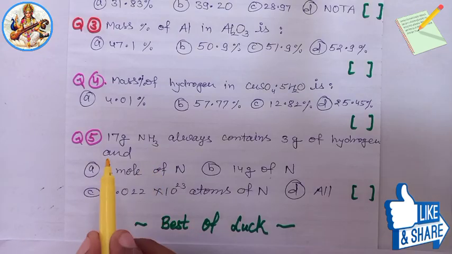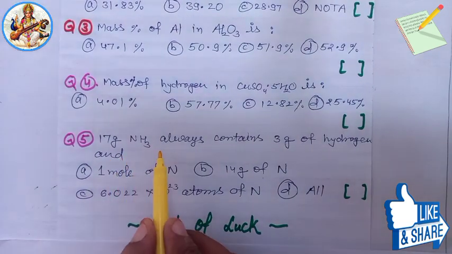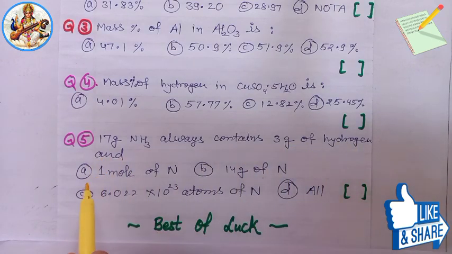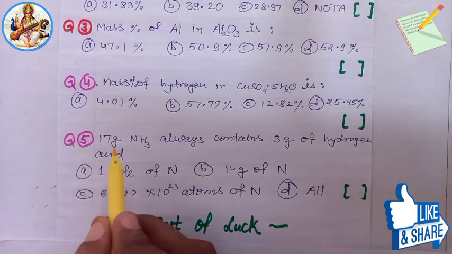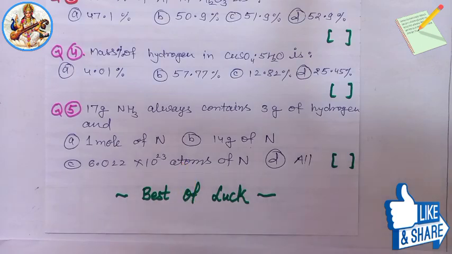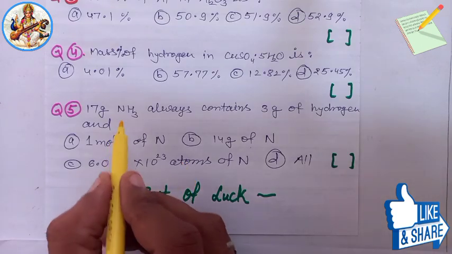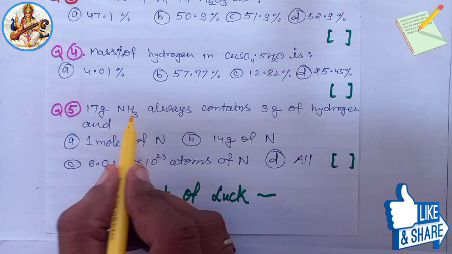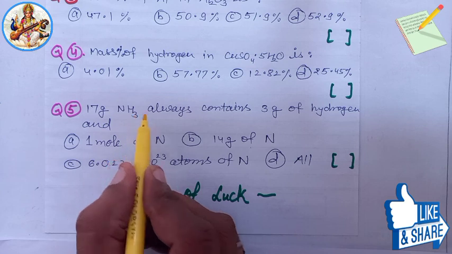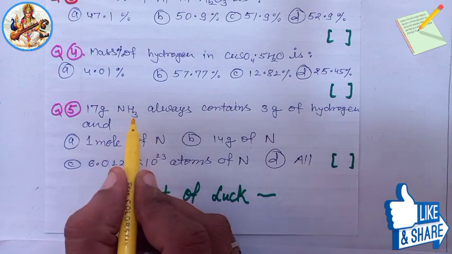And the last question: 17 gram ammonia always contains 3 gram of hydrogen, and option A, B, C and D. Very important question. According to the laws of chemical combination, in 1 mole of ammonia, 1 mole of nitrogen and 3 moles of hydrogen are present.